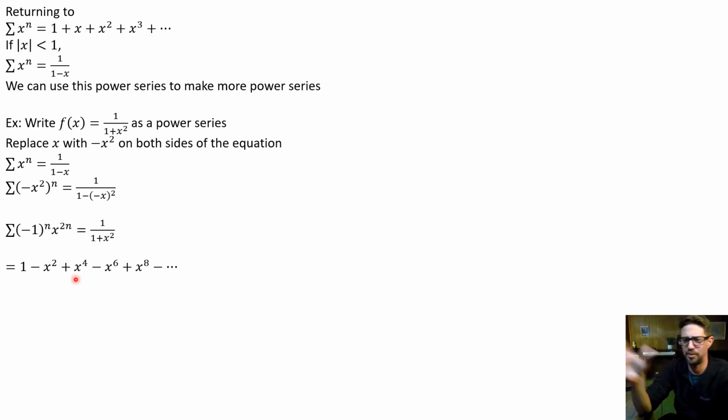And right from there, you can probably just extrapolate and write the rest of the series because you get patterns, right? So it's plus x to the 4th minus x to the 6th plus x to the 8th minus x to the 10th, on and on and on, literally forever. Okay, so that's a new power series that only has even powers. And not only that, but they alternate. This is an alternating power series. Cool.